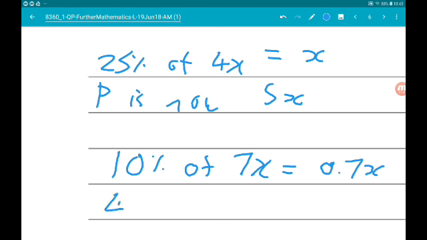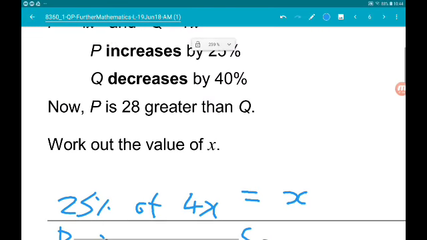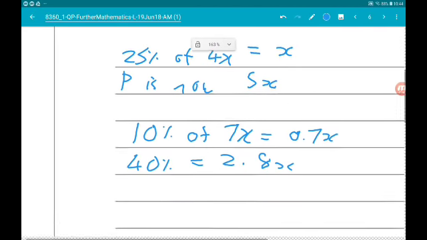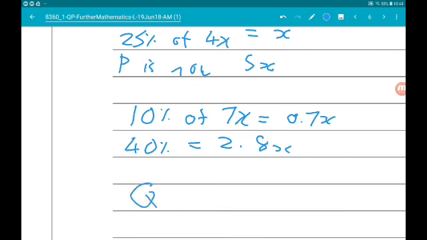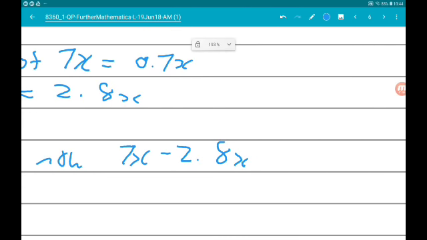So 40% is 2.8x. So Q is now 7x minus 2.8x, which gives us 4.2x.